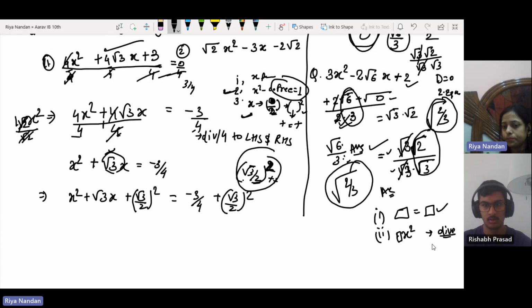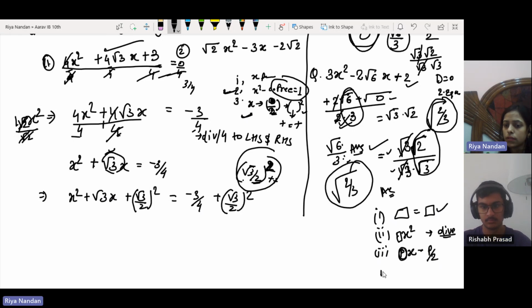Now the third step: whatever the coefficient of x is, suppose this is p, we have to do p by 2. This is the step, right?